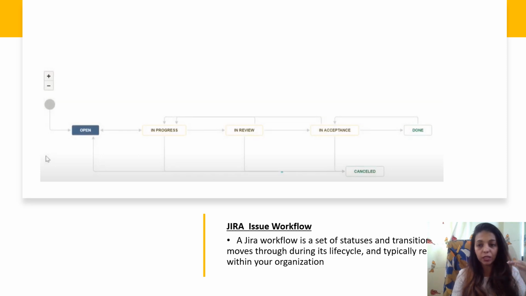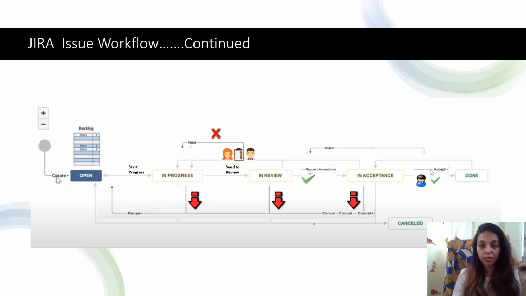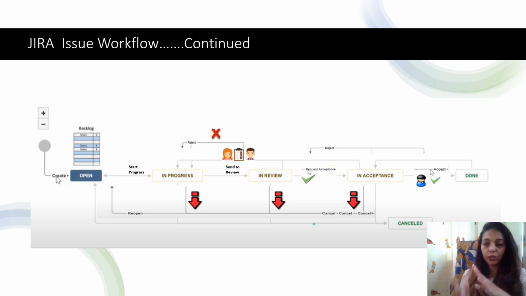Getting into the detailed part of each transition or state, we can explain with an example. Suppose I have created issue 1. Now issue 1, as I have created, will be present in my backlog state. Now it is open for anyone to pick.